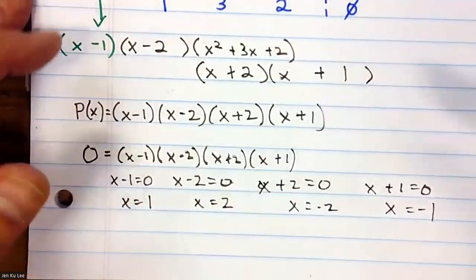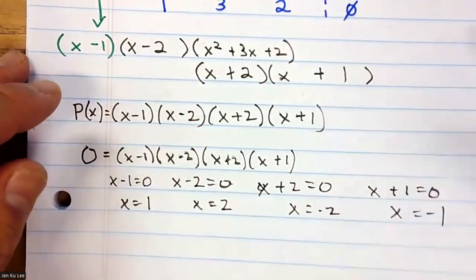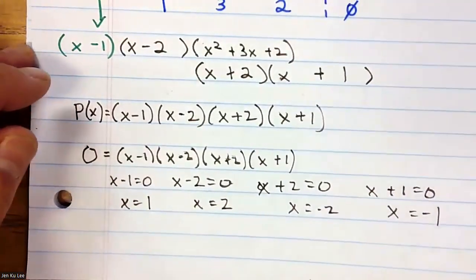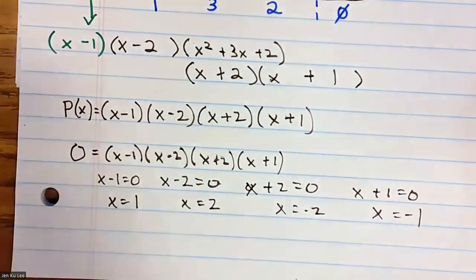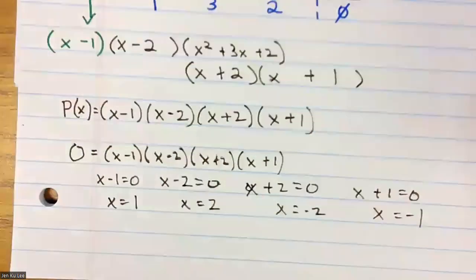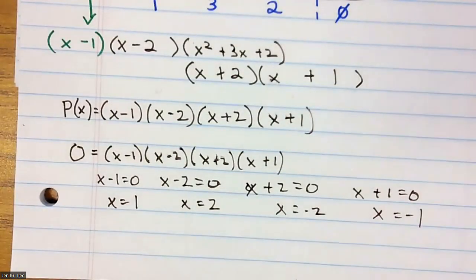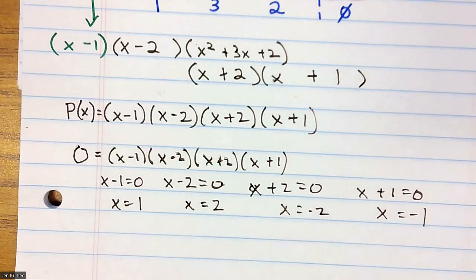But I want to extend this idea out a little bit. Okay? I'm going to go ahead and graph this. All right? So when we go and graph it, we need our end behavior.